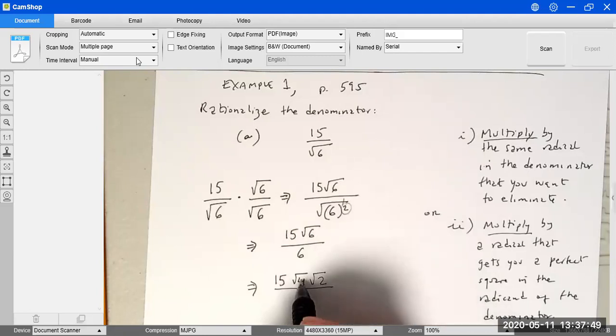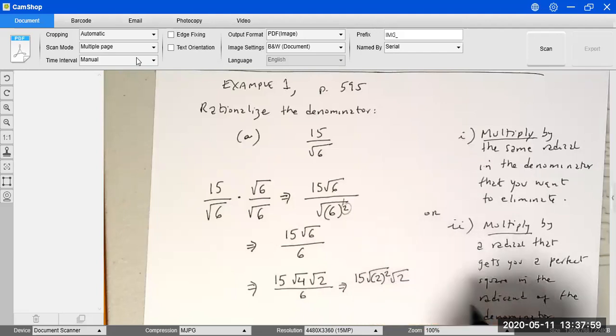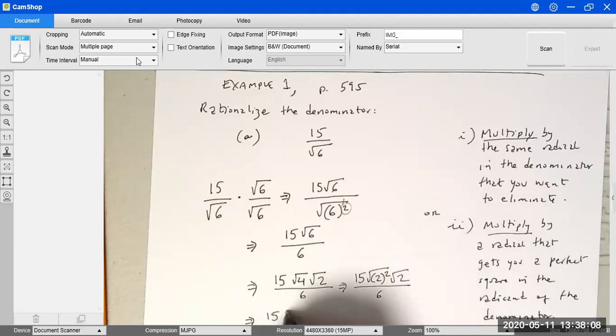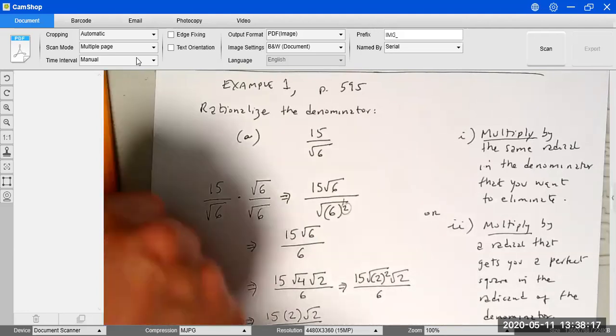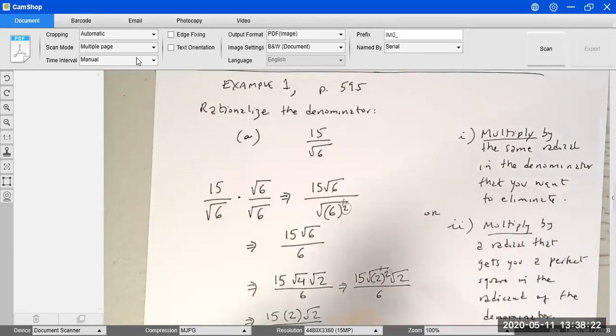So now you know that the square root of 4 is 2 squared, so we write 4 as a perfect square. The radical 2 remains as that. So we have finally 15 times 2 square root of 2 over 6, because we cancel this radical and this exponent.